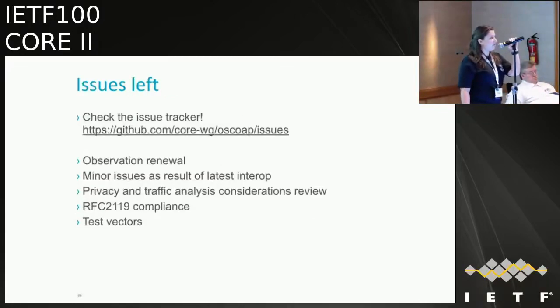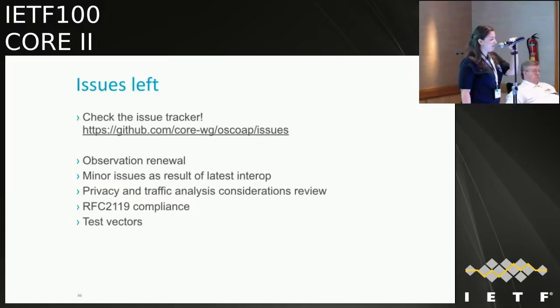So for what issues we have left, you can always see the issue tracker, which is updated, and even the discussion that goes on in the mailing list gets reported in the issue tracker. We have 1 issue about observation renewal, and I think Christian already reported that in the mailing list.